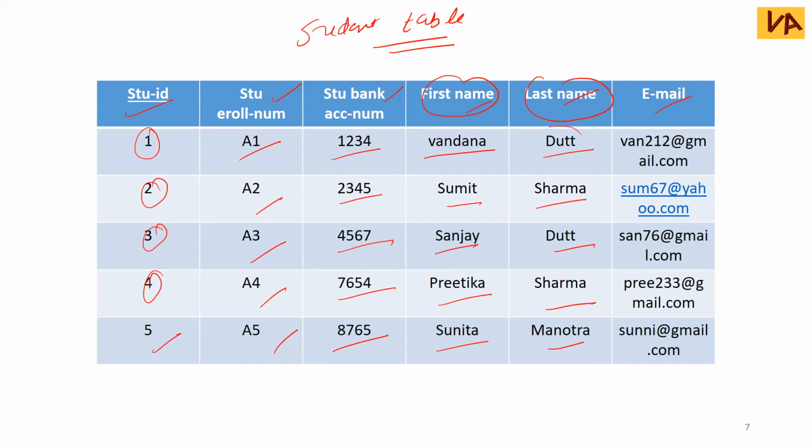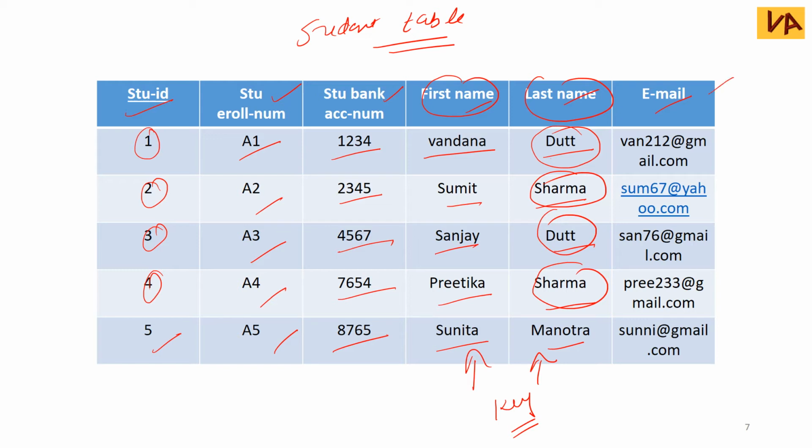Now we have two people who have the same last name Dutt, and two people who have the same last name Sharma, so we cannot make these any key. These are common values which cannot be part of any candidate key, super key or primary key, but they can be mixed into a compound key, which we will study in the next few minutes, right?